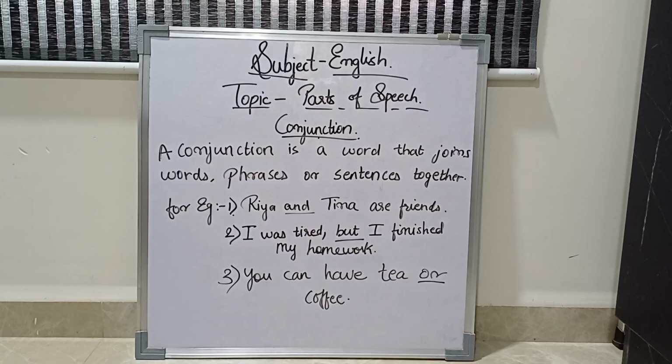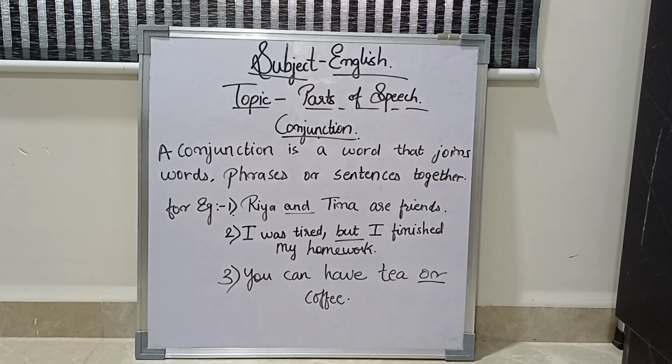Here the third sentence is, you can have tea or coffee. So we can say these are phrases like you can have tea or coffee. Here we are giving an option, right? So if I say you can have tea, coffee, how does it sound?